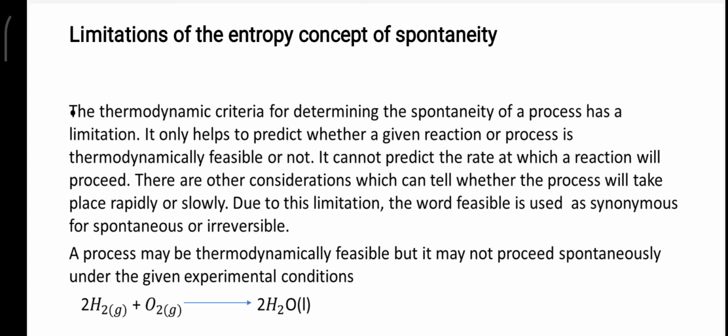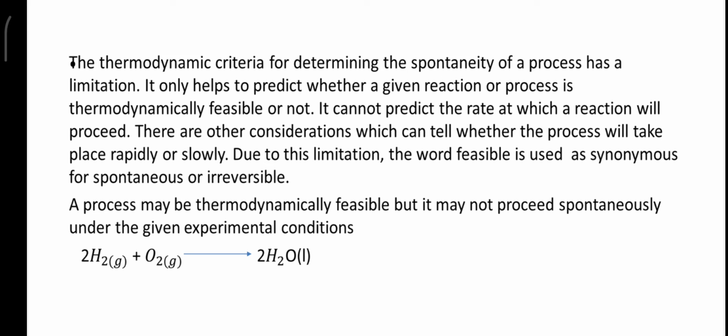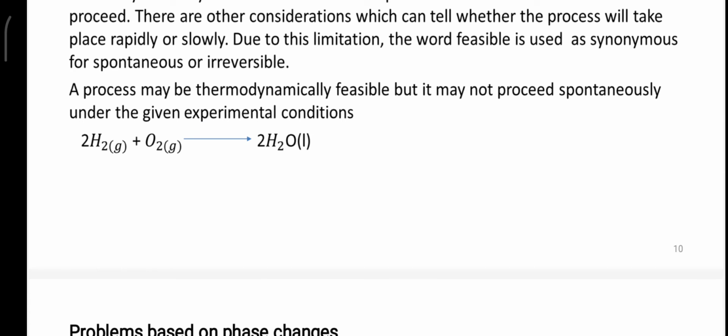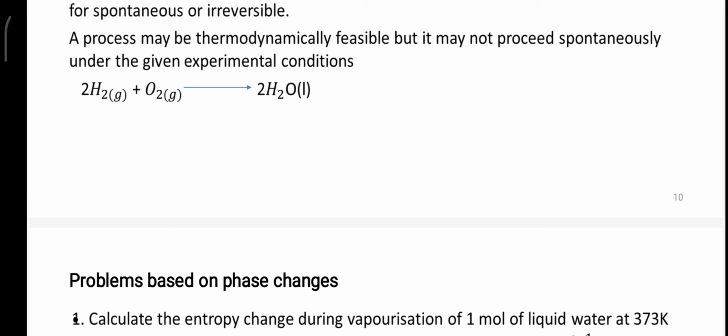It cannot predict the rate at which a reaction will proceed. There are other considerations which can tell whether the process will take place rapidly or slowly. Due to this limitation, the word feasible is used as synonymous for spontaneous or irreversible. A process may be thermodynamically feasible, but it may not proceed spontaneously.